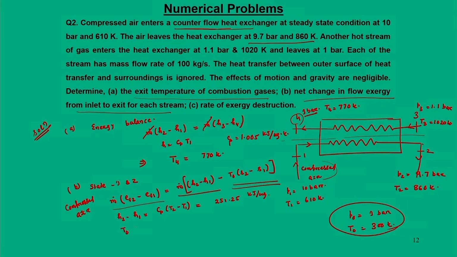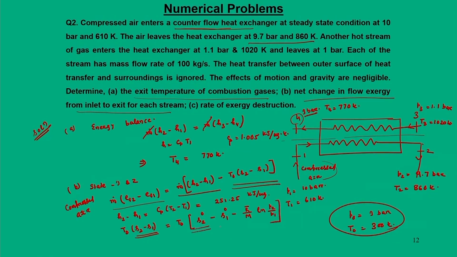Now, T 0 into S 2 minus S 1 would be, so it is an entropy difference. Here you have to take the entropy data with respect to entropy at a reference state. So, this is equal to S 2 at reference state minus S 1 at reference state minus R bar by M into ln P 2 by P 1.